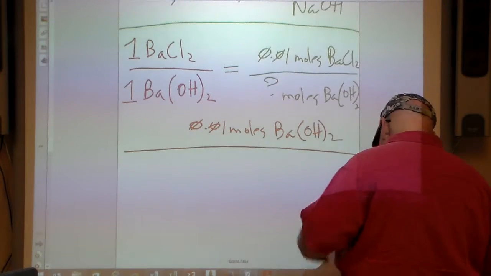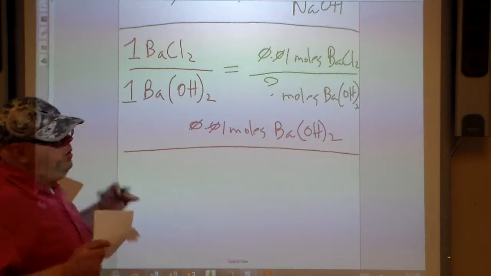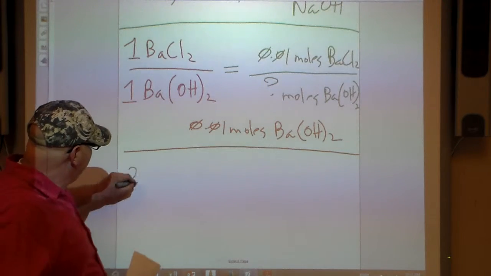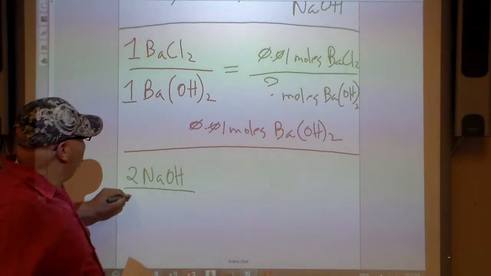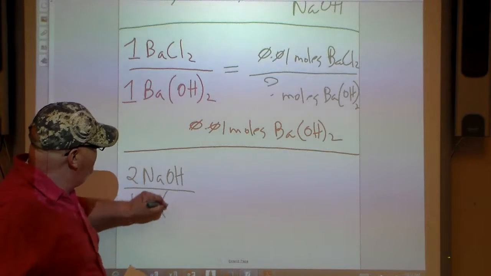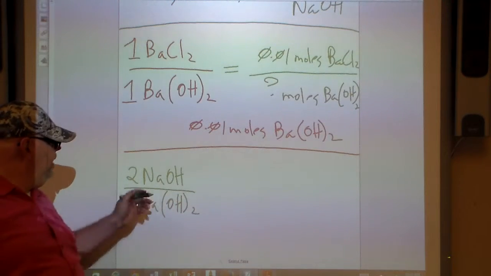Now we're going to do the same thing, except we're going to use the NaOH. What do we know about the NaOH? We know that for every 2 of these NaOHs, we're going to have 1 barium hydroxide.